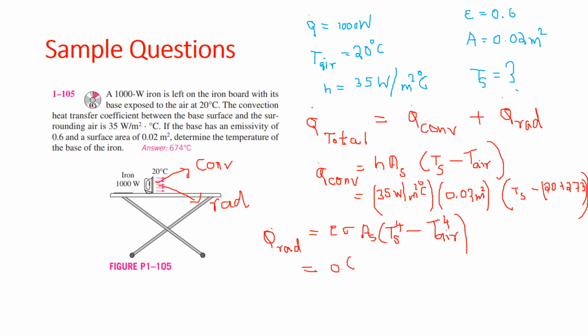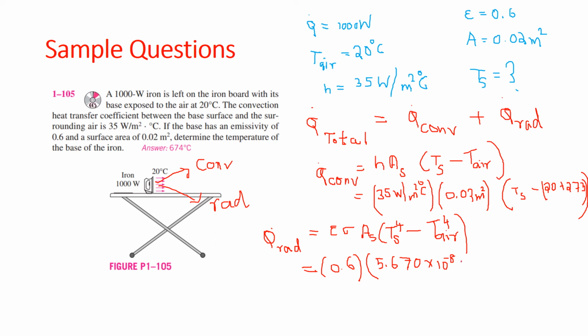The emittivity value is given as 0.6, multiplied by the Stefan-Boltzmann constant, which is always a constant value, 5.670 times 10 to the power minus 8.